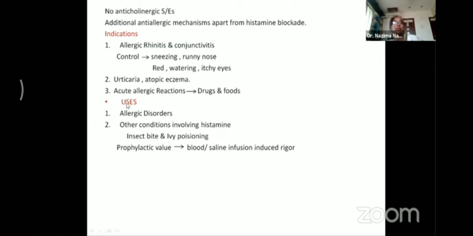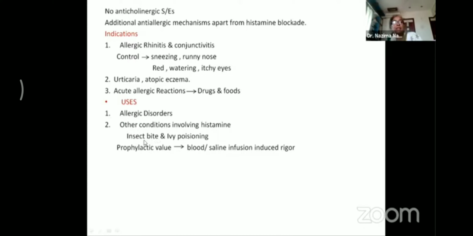Now coming to the overall uses of the antihistaminic drugs. Now these uses are generally asked in the exams. What are the uses of the H1 antihistaminics when a full question is asked? So these drugs are useful in allergic disorders, which you have already seen, and also other conditions involving histamine.